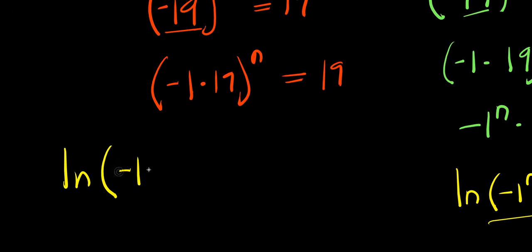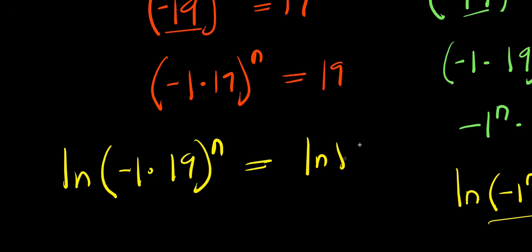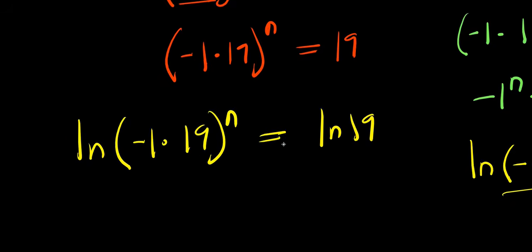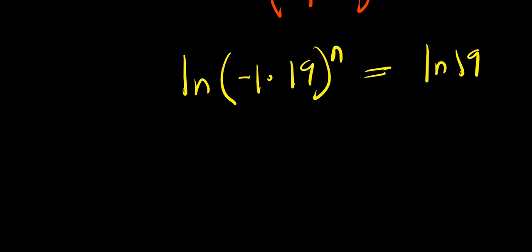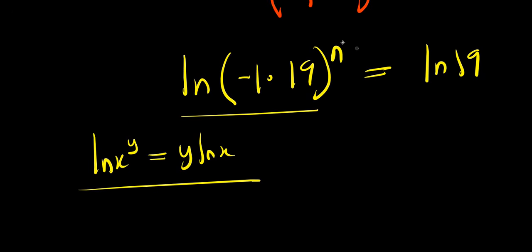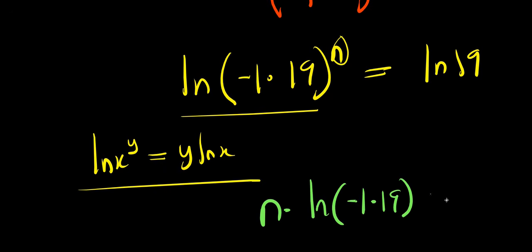I have natural log of negative 1 times 19 to the power of n equals natural log of 19. And remember, natural log of x power y equals y times natural log of x. So applying that here, the n comes behind this. I'll simply have n times natural log of negative 1 times 19 equals natural log of 19.